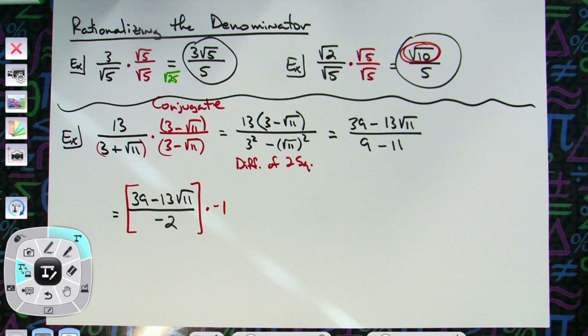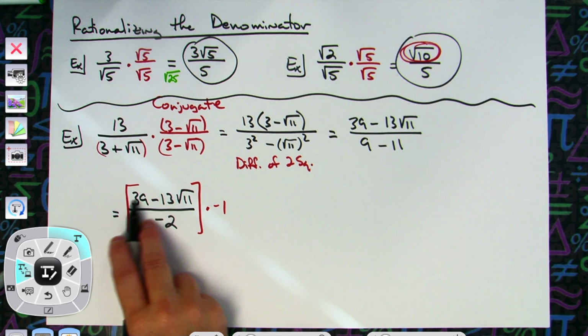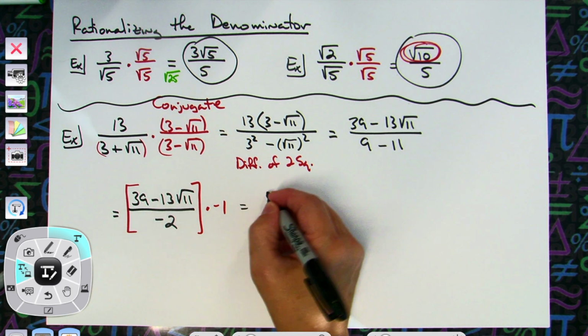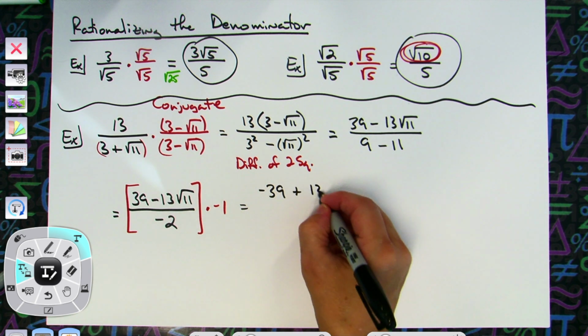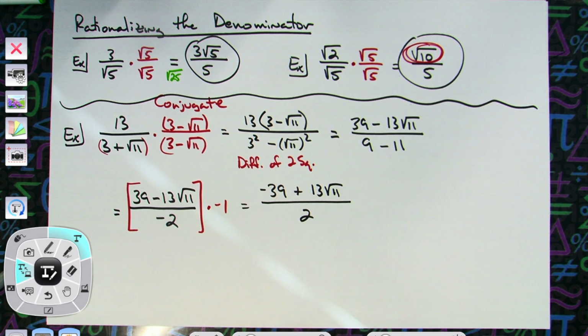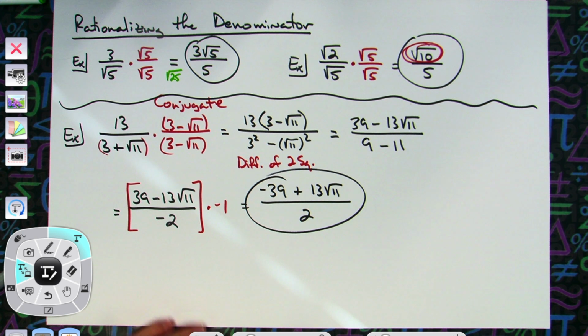If I multiply it times a negative 1, basically what's it do? It's just going to go through and change all your signs, right? So this 13 square root of 11 becomes positive, the 39 becomes negative, the 2 becomes positive. So I'd have like a negative 39 plus 13 square root of 11 all over 2. Just kind of cleans it up and prevents that negative from ending up in the bottom.